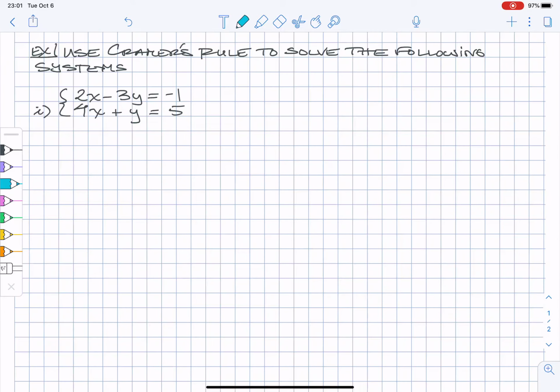So I claim that A, the matrix of coefficients, is going to be [2 -3; 4 1], which means that the determinant of A will be, the main diagonal is 2 times 1, minus the alternate diagonal, which is a negative 3 times 4, so this becomes plus 12. So that's going to be 14.